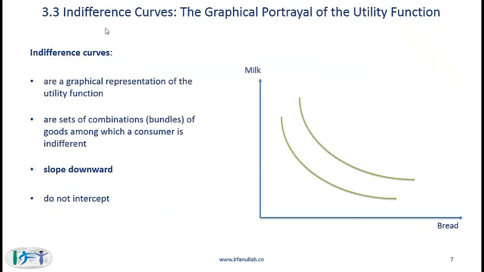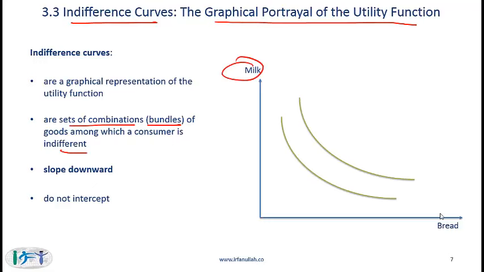Section 3.3 deals with indifference curves, which are simply a graphical portrayal of the utility function. Indifference curves are sets of combinations or bundles of goods among which a consumer is indifferent. So continuing with our milk and bread example, and remember the y-axis represents the quantity of milk and the x-axis represents the quantity of bread.